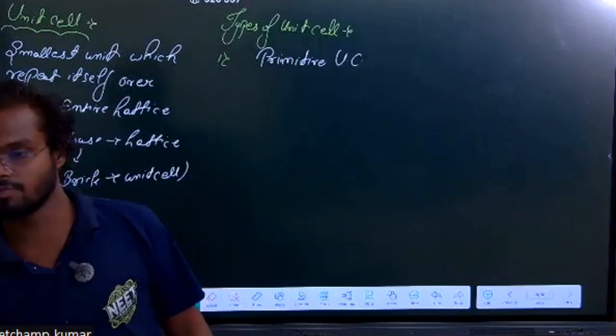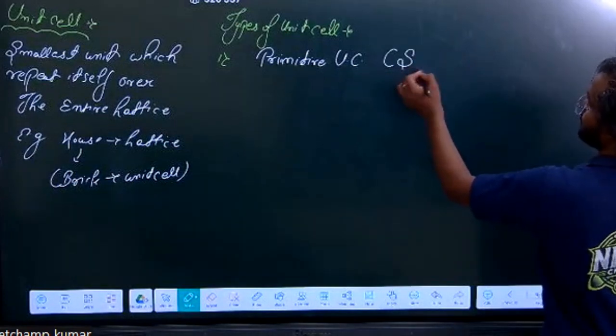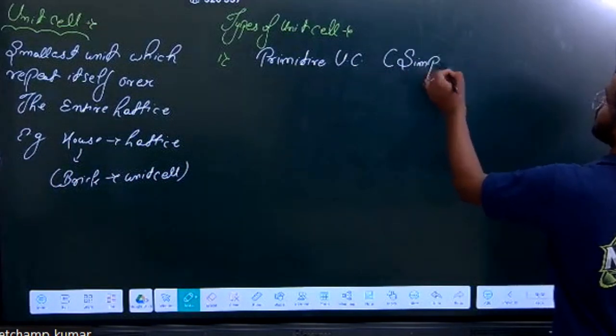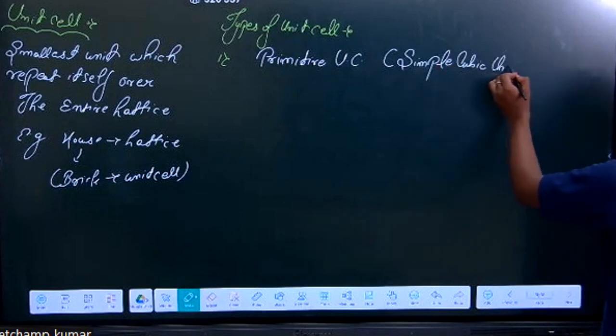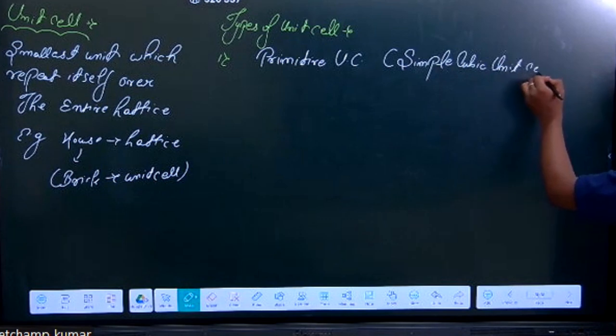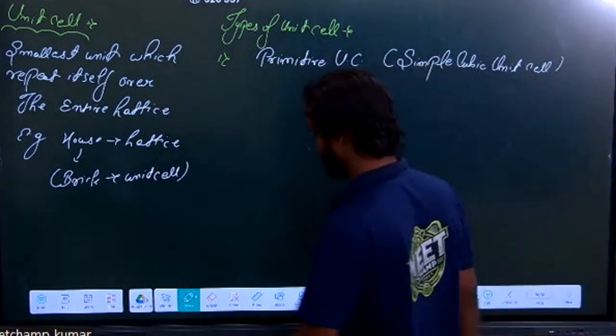Old unit cell is a primitive unit cell. Simple. And this is called a simple cubic unit cell. Okay, simple cubic unit cell.